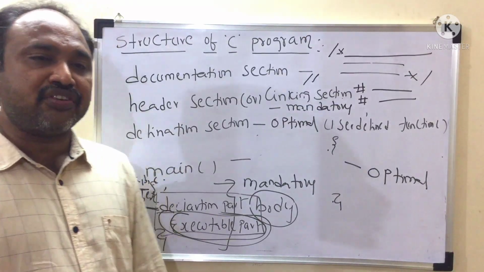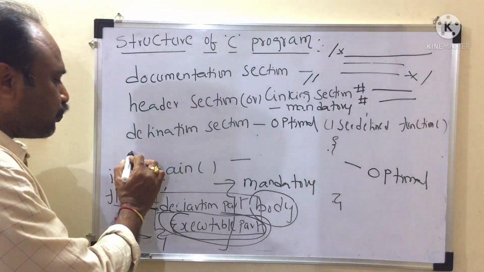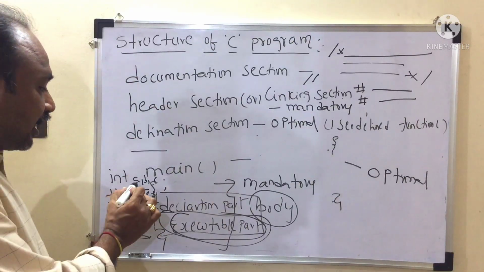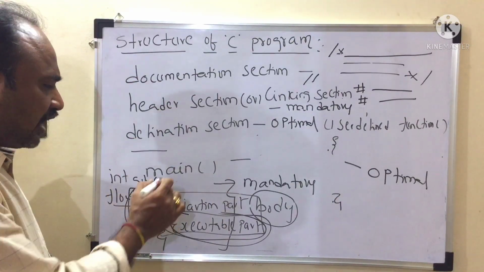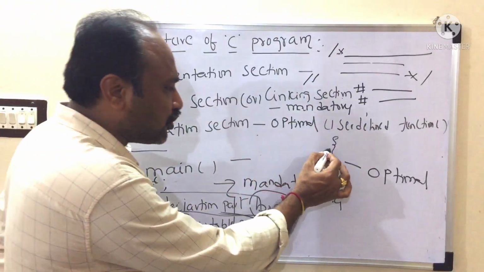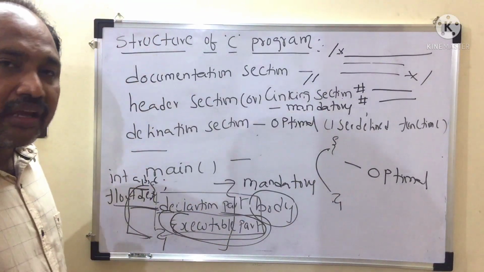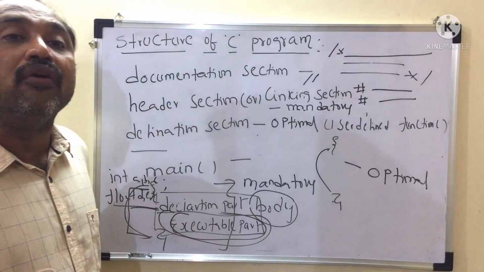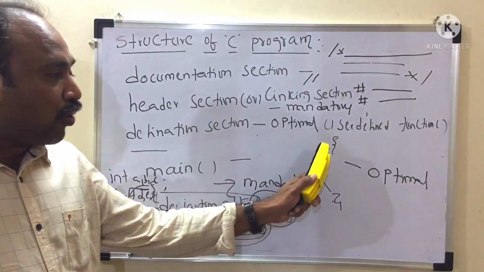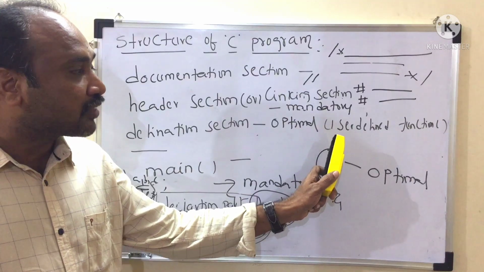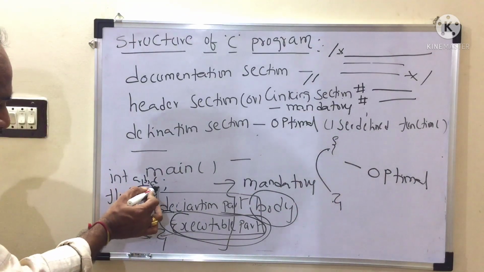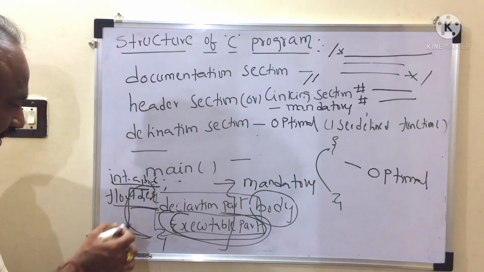Now some of you will raise one doubt. Sir, you explained about global variables. What about a local variable? A variable declared inside a function, it may be the main function or a user-defined function. If you declare some variables inside a function, those are local variables. We have to use that variable from the starting of the function to the end of the function. Here also, int a, b, c I am declaring here.